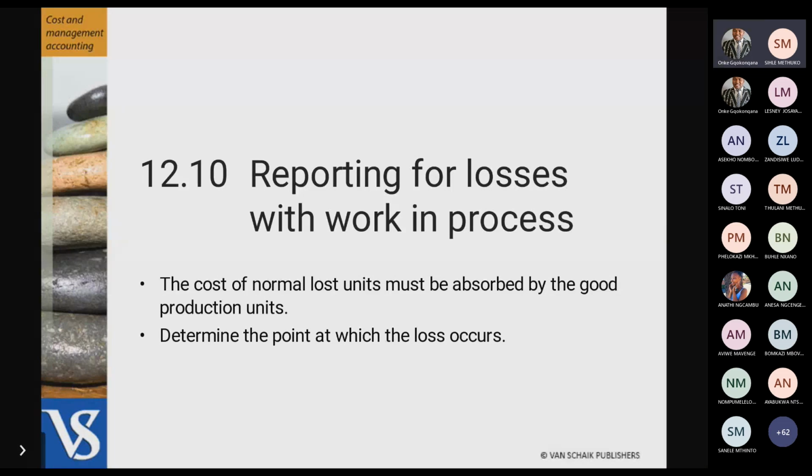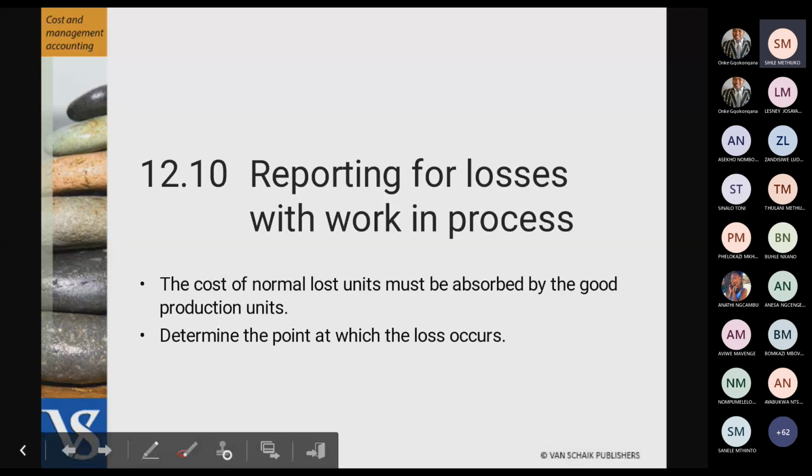Right, this is what we're going to talk about today, reporting for losses with work in process. The term with work in process simply means with the closing work in process, or in other words, with the units that are incomplete in the process. So the cost of normal loss units must be absorbed by the good units.